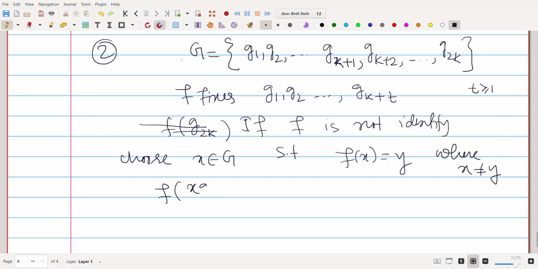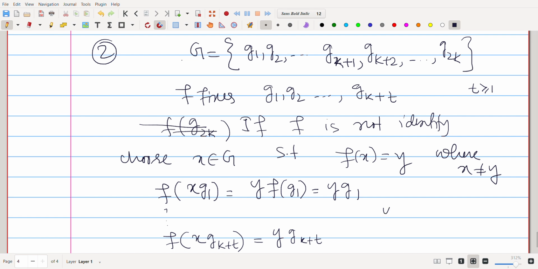Now F of X G1 equal to Y times F of G1, which is Y G1, because G1 is fixed under F. Similarly, F of X Gk plus T equal to Y times Gk plus T. Now see Y Gi not equal to X Gi, because since Y not equal to X, hence Y times Gi not equal to X times Gi for all i from 1 up to k plus t.